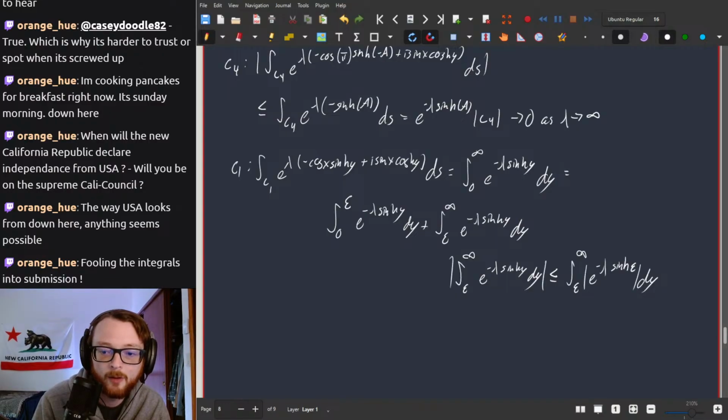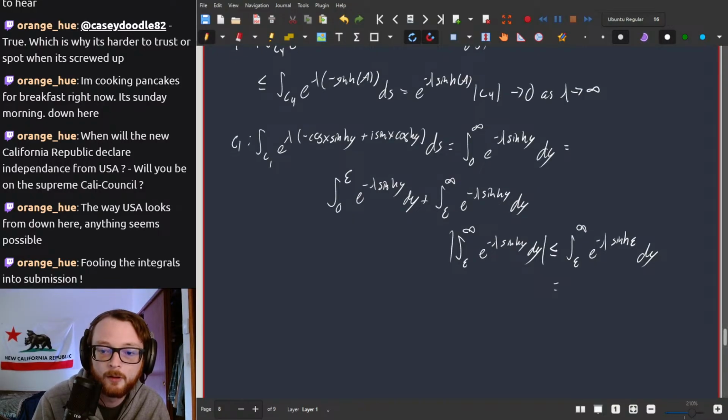I could do the absolute value bars there technically, but it's always a positive number anyway. I'll put them. Why not? So we get e to the minus lambda. Oh wait, how do we phrase this though? Because it's still an unbounded interval.